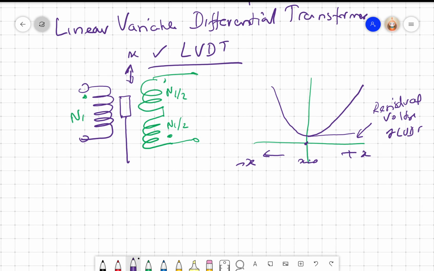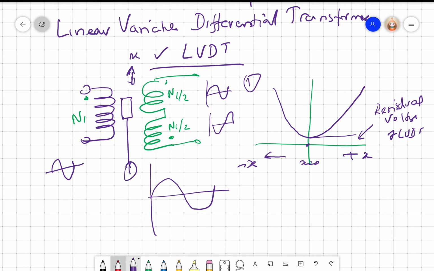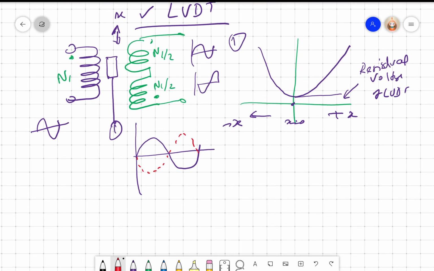What are the reasons? If I look at it, I give a sine wave here, I am going to get a sine wave here, I am going to get another sine wave here. Now, whatever care you take, if I look at these two sine waves, so this is 1, I have put this as 1. If I look at the second, we expect that it will be exactly 90 degrees, right? Because dot points are there. But because of practical small changes in the way that we wind the coil, in the interturn and intraturn capacitances, the winding resistance, the top one is giving me a sine wave.